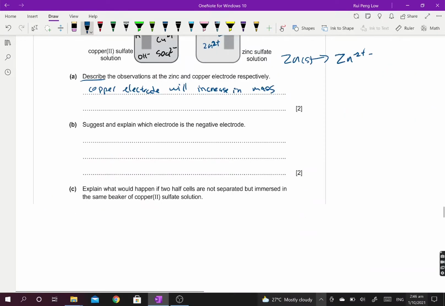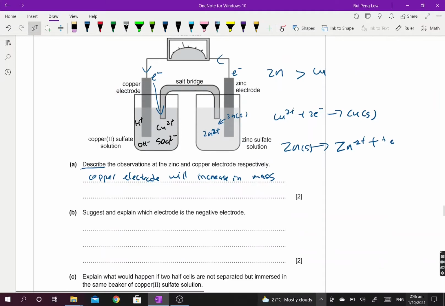So what we will say is that the zinc electrode will reduce in size.